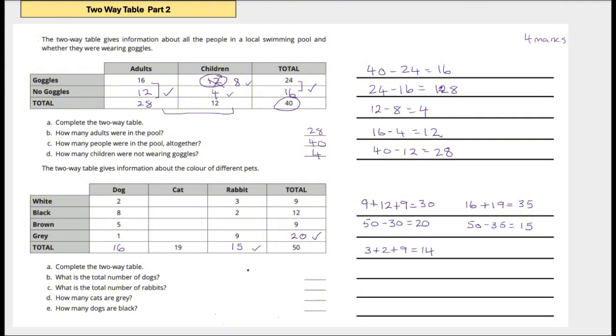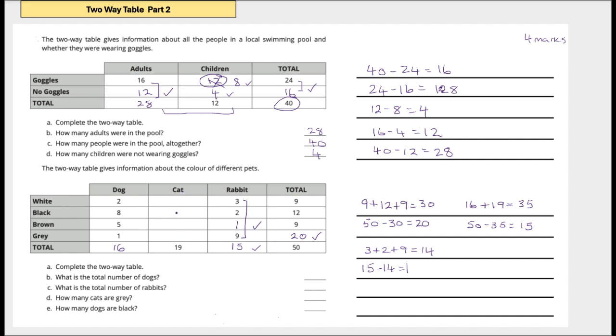And in total, we have 15 rabbits. So we do 15 minus 14, which leaves us with 1 brown rabbit. You can add that all up together, and if it equals 15, you've done it right. I'm not sure whether this will be calculator or not because of time constraints in an exam. You'd have to ask your teacher about that.